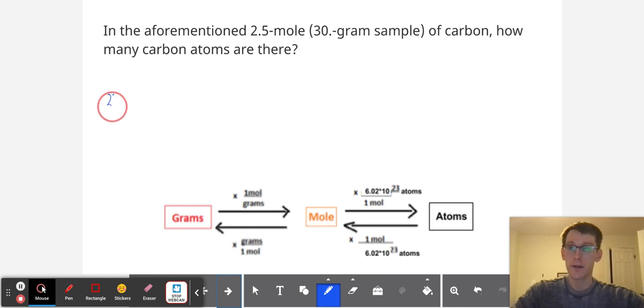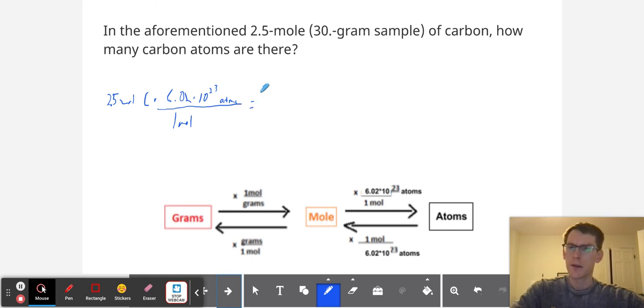So in this case, we say 2.5 moles of carbon times 6.02 times 10 to the 23rd atoms. It doesn't matter what we're talking about, atoms of carbon or aluminum or anything else. It's always the same, 6.02 times 10 to the 23rd atoms per 1 mole.